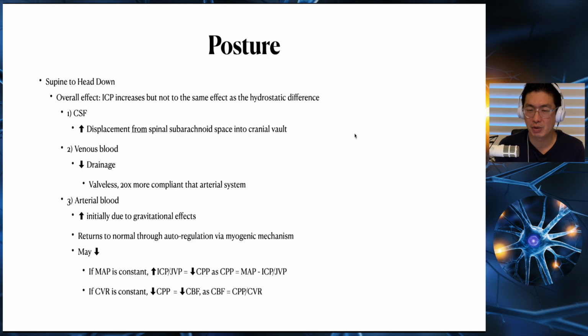And then if your cerebral vascular resistance is constant, so remember that your CVR is mainly affected by PO2, PCO2, CMRO2, okay? And also by the myogenic mechanism as well. And so if we assume that your cerebral vascular resistance is constant, a reduction in your cerebral perfusion pressure will result in a reduction in cerebral blood flow. Because remember that cerebral blood flow equals your perfusion pressure divided by your cerebral vascular resistance.